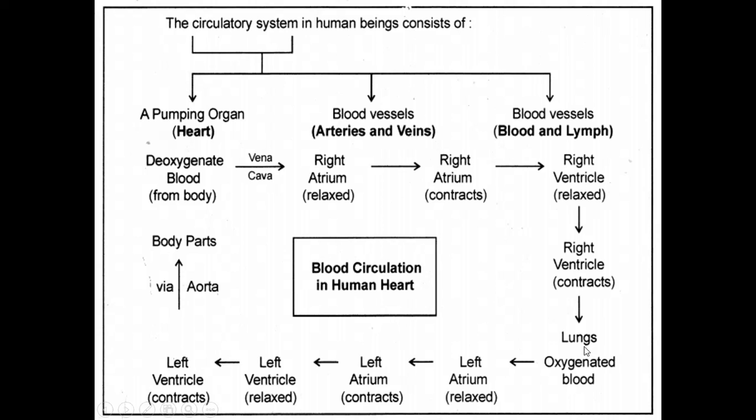From the lungs, oxygenated blood enters the left atrium, and when the left atrium contracts, the oxygenated blood enters the left ventricle.